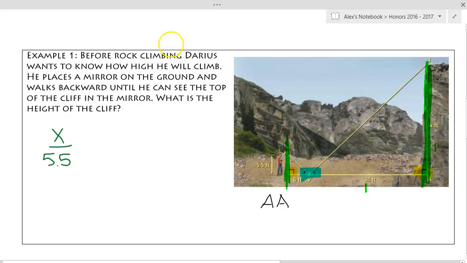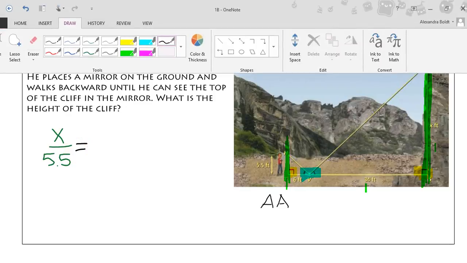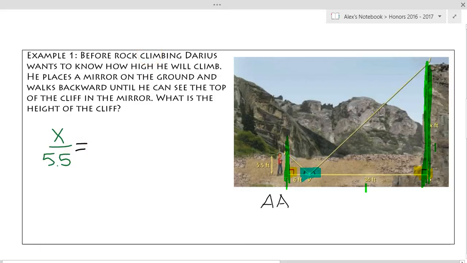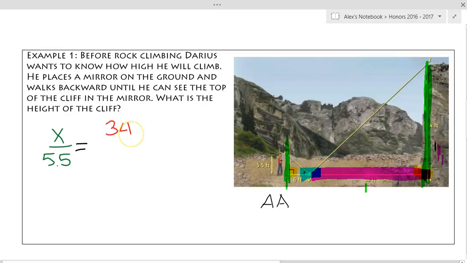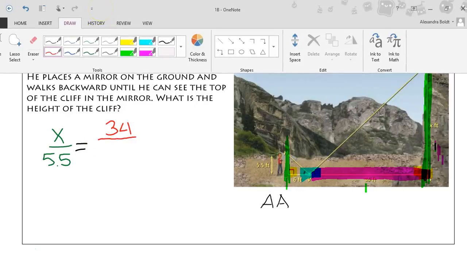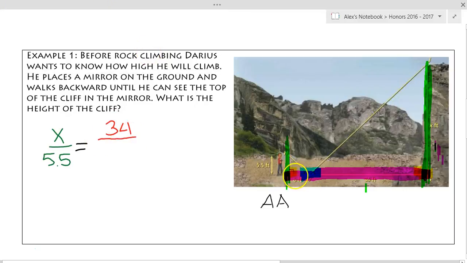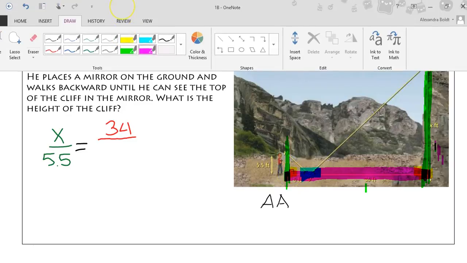Then, since I started with this triangle, the height of the cliff, I have to start with this triangle in my other ratio. So I have to start with how far the mirror is from the cliff, since I started with the cliff first. So that's 34. And then I'm comparing that to the distance from the mirror to the man, which is 6.